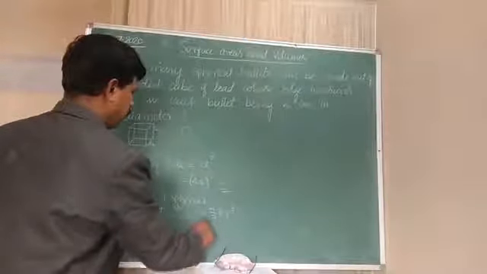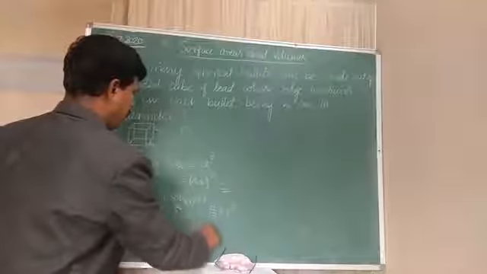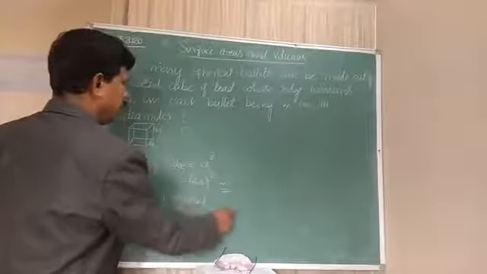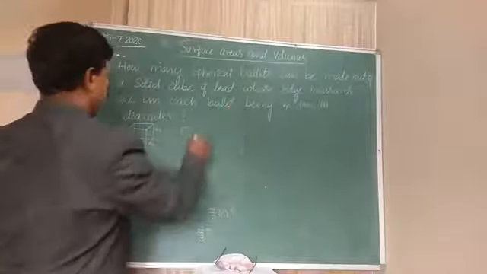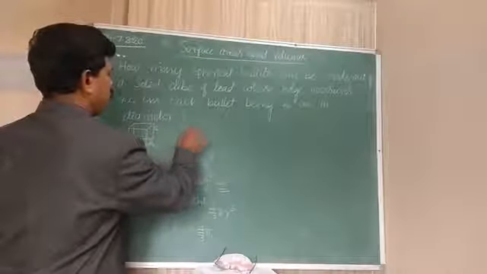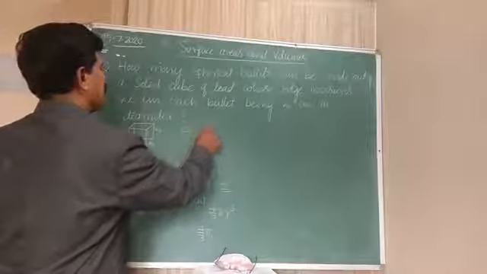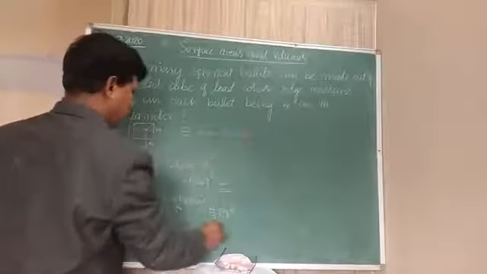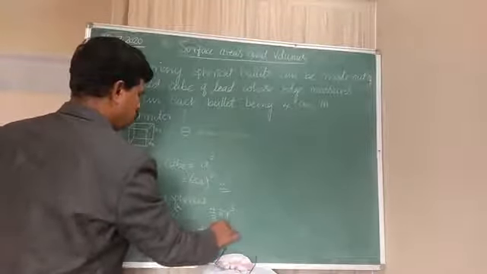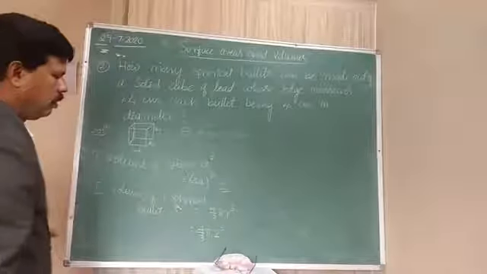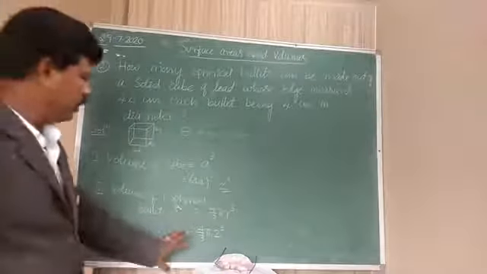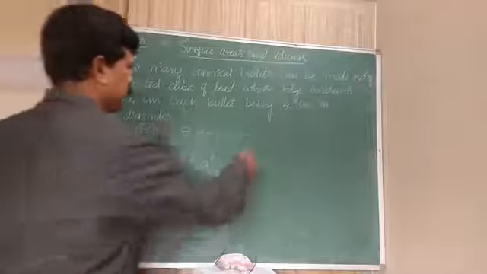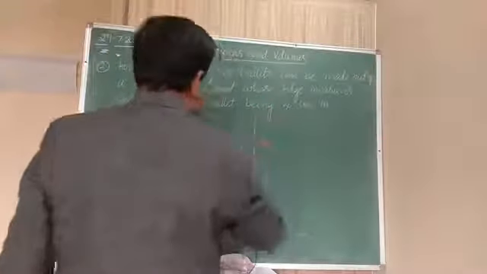That is 4 by 3 pi. Here the diameter is given. So diameter is 4 centimeter and radius is 2 centimeter. So this is 2 cube. Now what we have to do is convert this, that means divide.